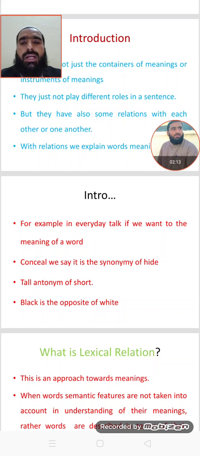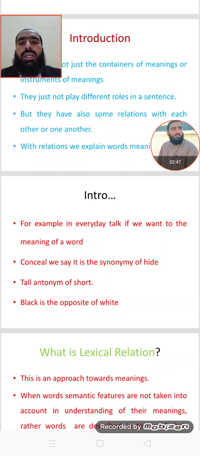For example, sometimes a word is a subject or an object, and a noun can become a subject, object, or complement, even an adjective. Different functions are performed by a single word.